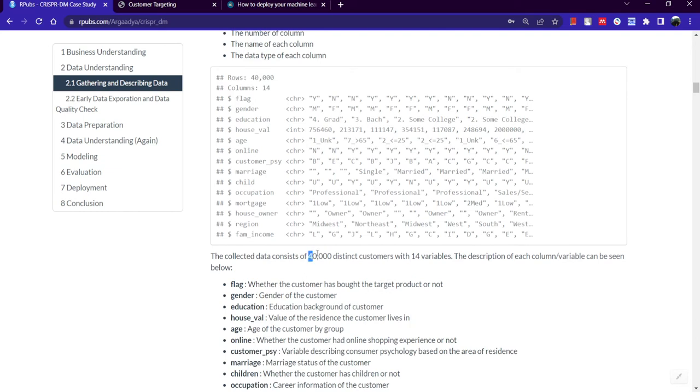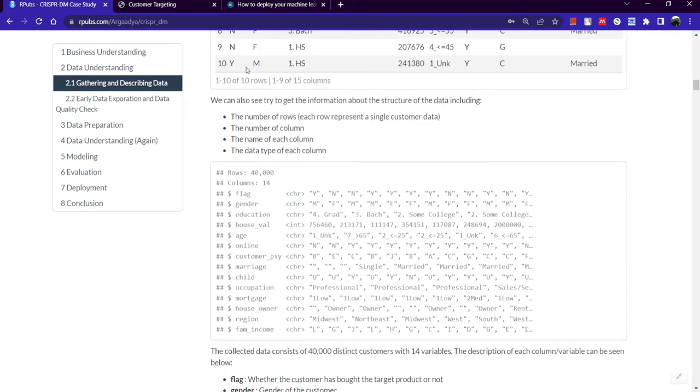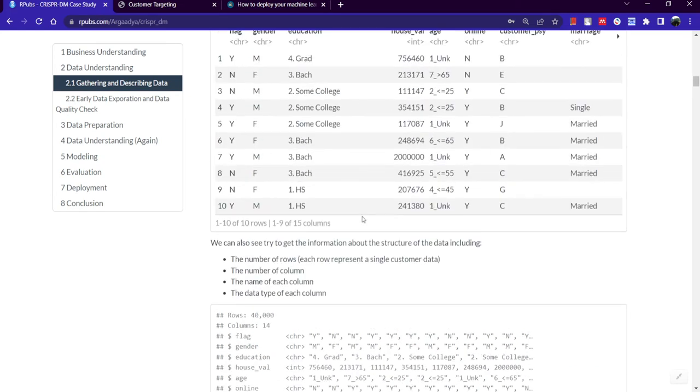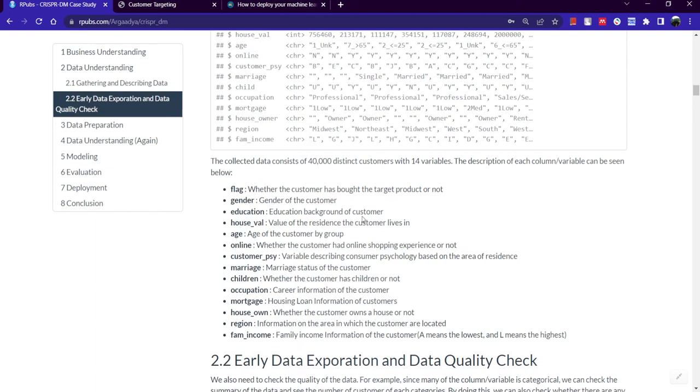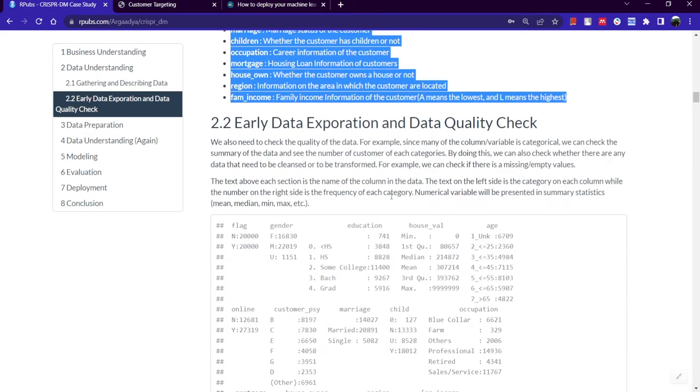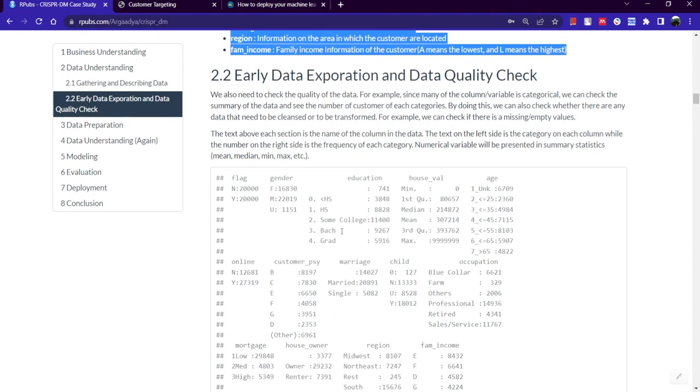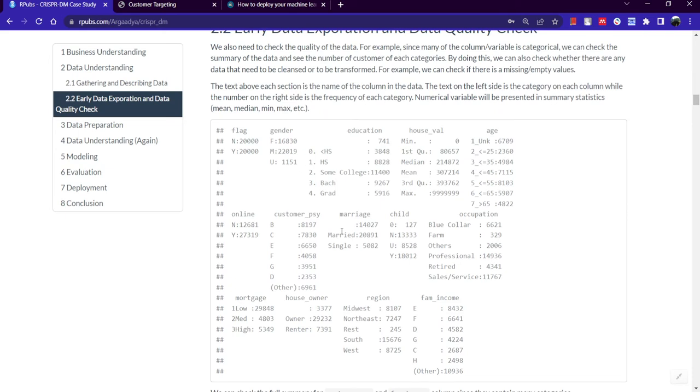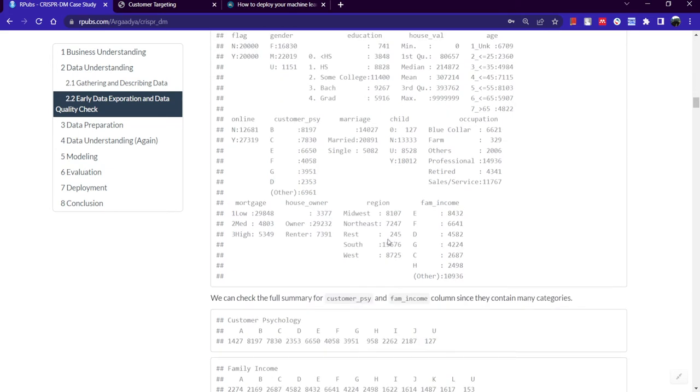So they have 40,000 distinct customers. That means each row inside the data set refers to a single customer. And here is the description of the data set. We need to know what these factors are. Then in this example, they're showing you they have done some early data exploration, inspecting the data, looking around at what it is, and then reporting about it. For example, here they're looking at all the categorical variables.